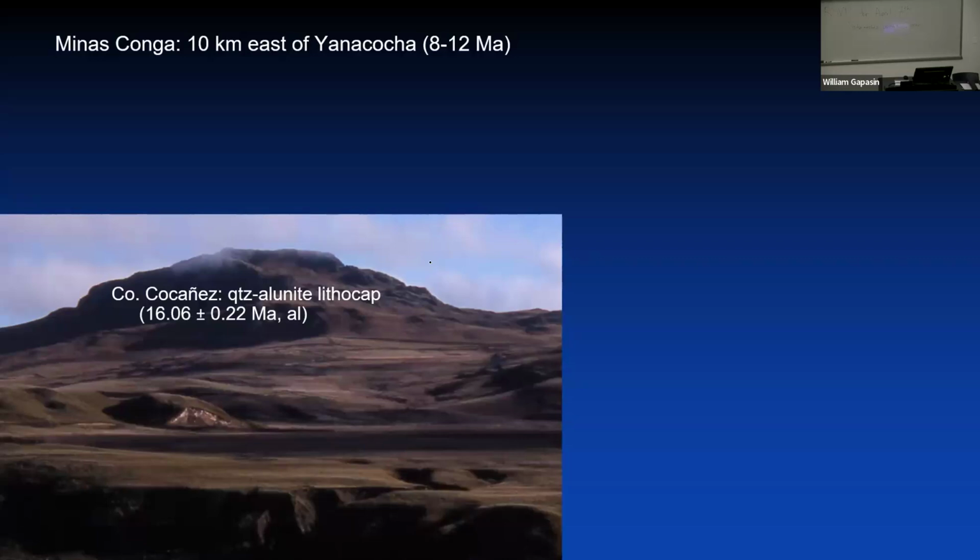And the final slide here: Newmont geologists came to Saracopinas, 10 kilometers to the east of Yanacocha. They sampled this quartzite lithocap. It was, to all intents and purposes, for them, barren, less than 0.1 gram gold.